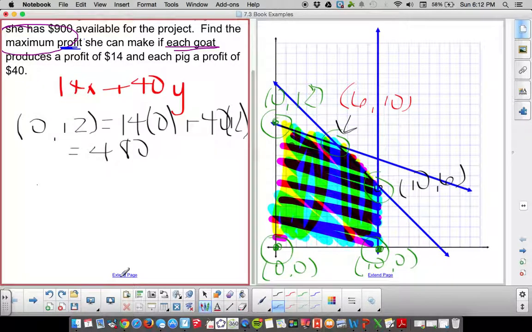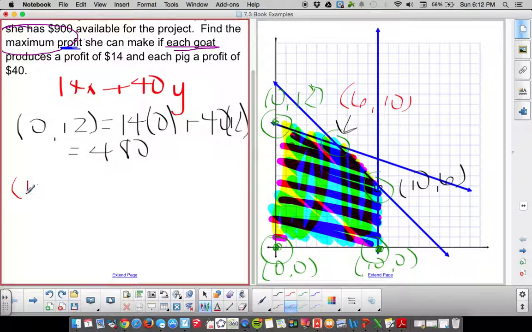Now, we can try the other points. If I try 0, 0, it's pretty obvious that 0, 0 is not going to give me my maximum. If I'm plugging in 0 for both x and y, I'm going to get 0 for profit. If she doesn't raise any animals, she doesn't make any profit.